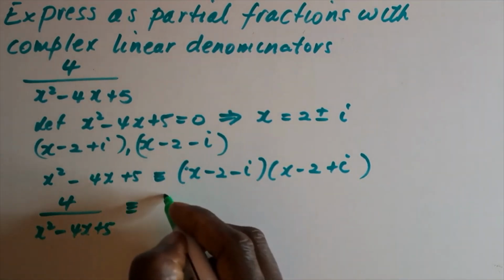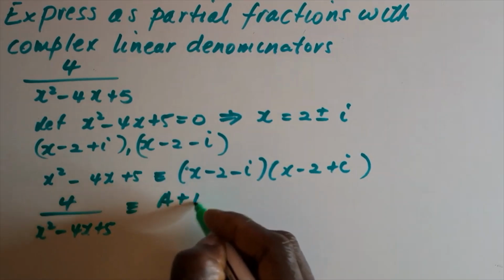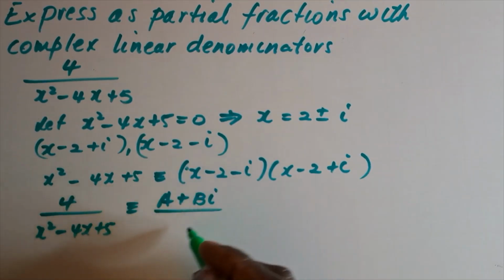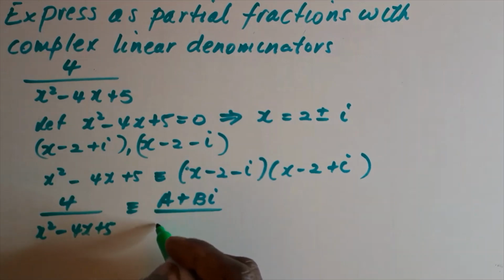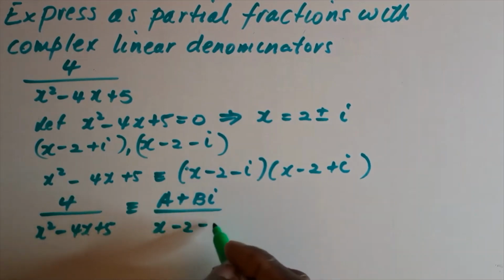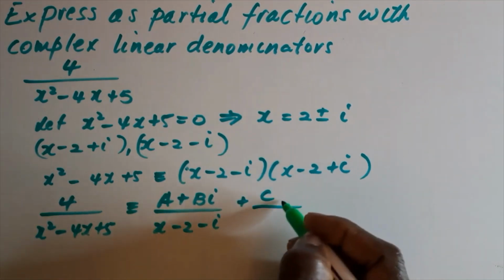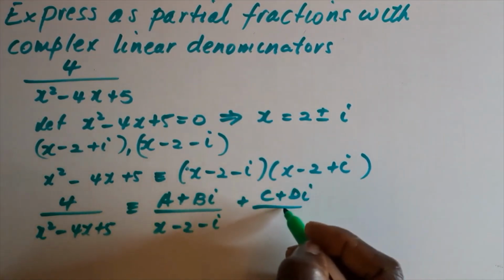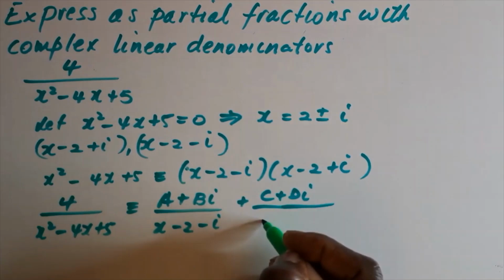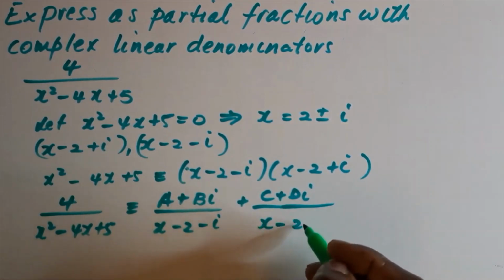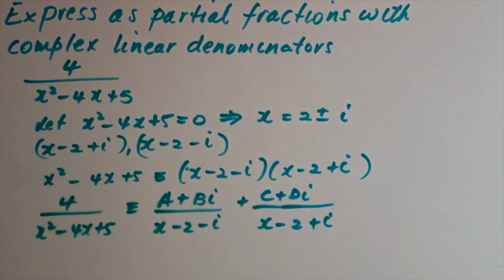Now we're going to write our complex numerators. Add this to c add di over x minus 2 add i.